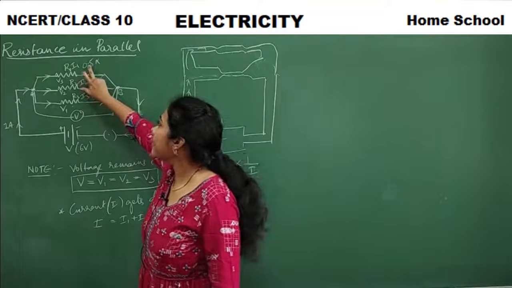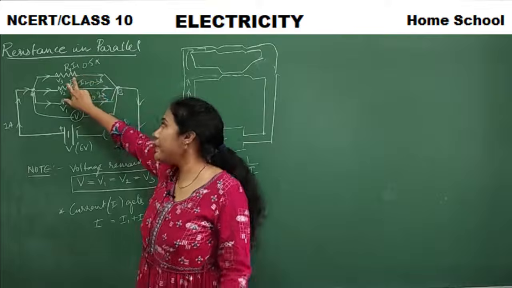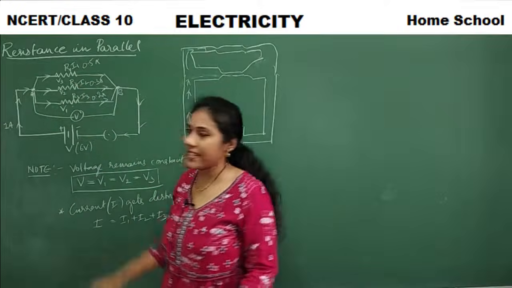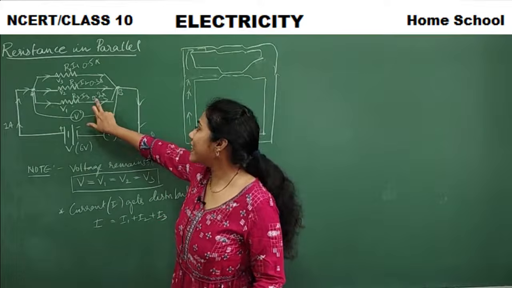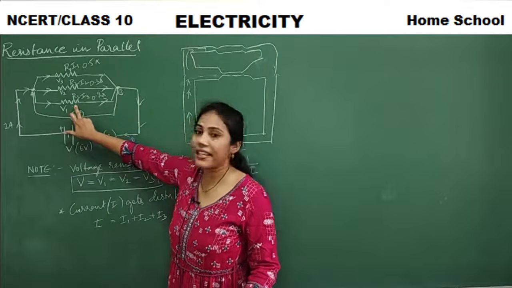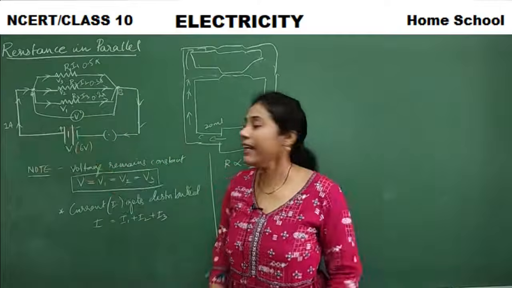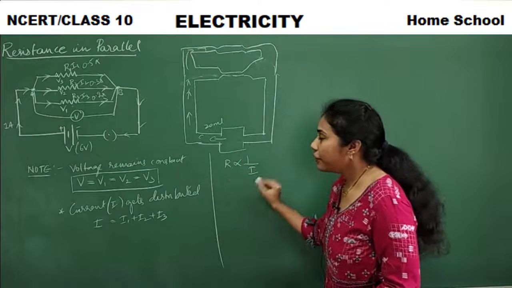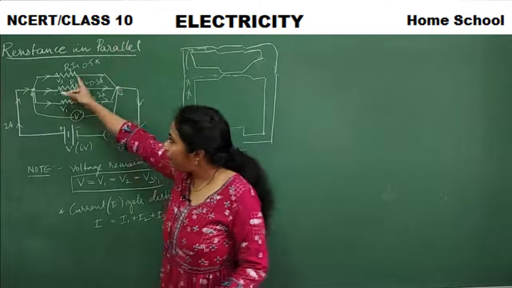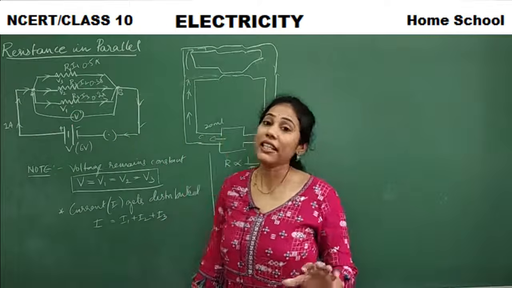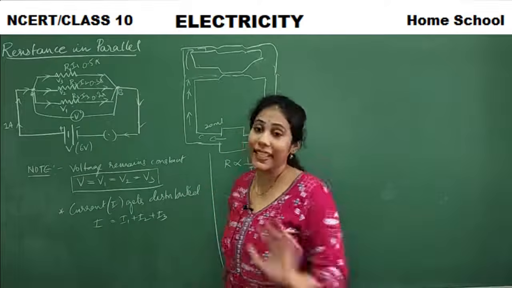More current is observed in the first resistor, maybe because you have less resistance in the first resistor. Here you see very little current is observed in the third resistor, right? Maybe because you have high resistance. So definitely the amount of current passed through the resistors always depends on the resistance that they have.